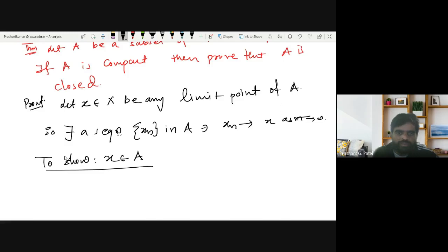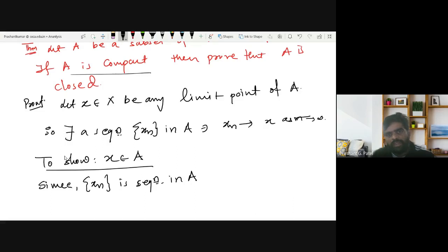A sequence which is in A, and A is compact, which is given. So since xn is a sequence in A and A is compact, this implies that xn has a convergent subsequence.